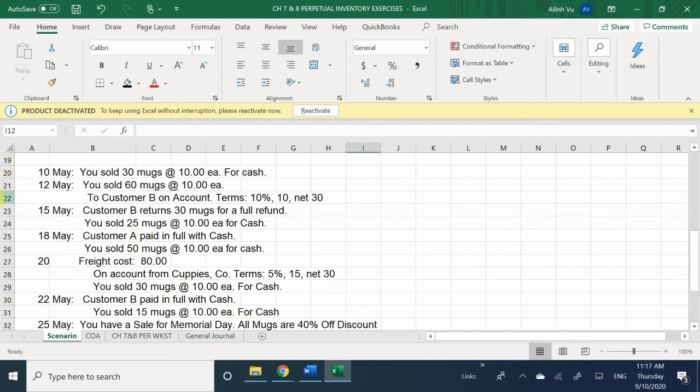What has happened next on the same day, the 15th? We sold 25 mugs at $10 for cash.